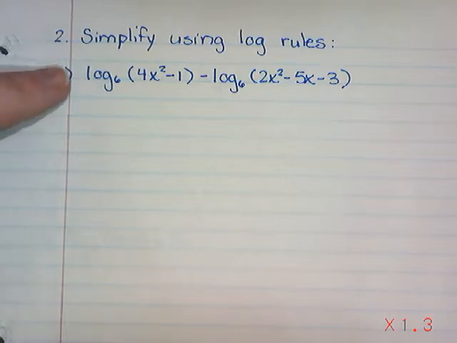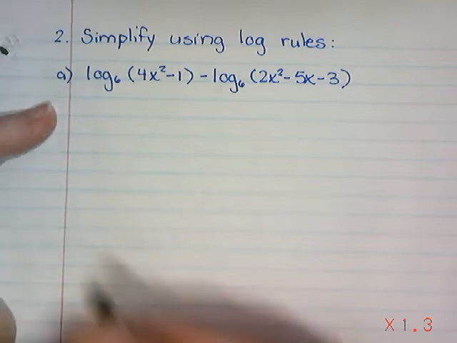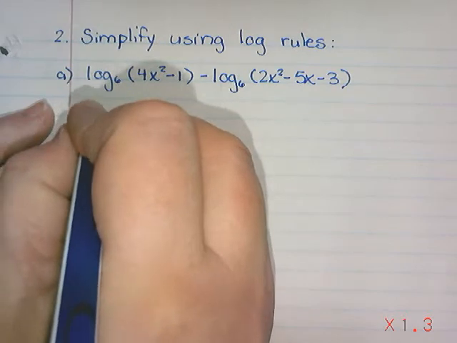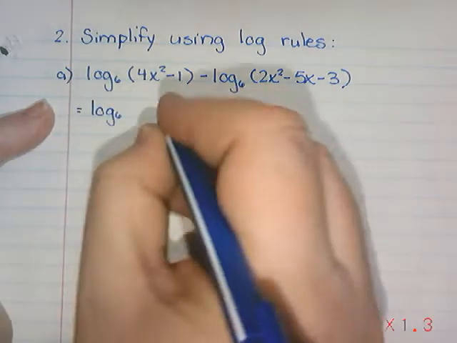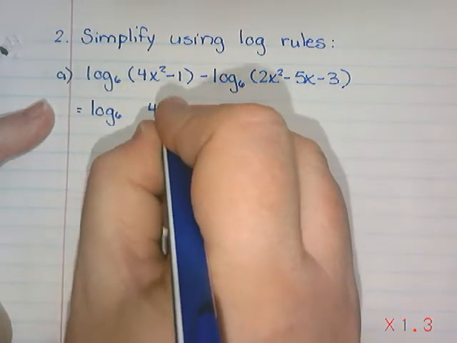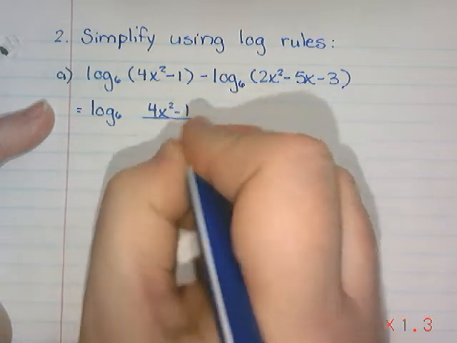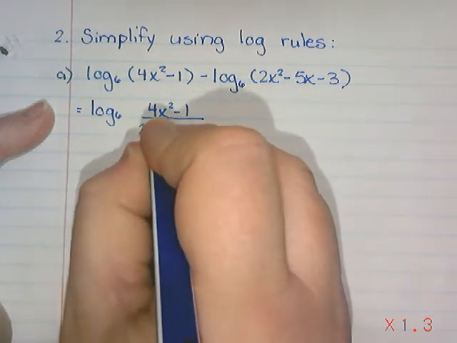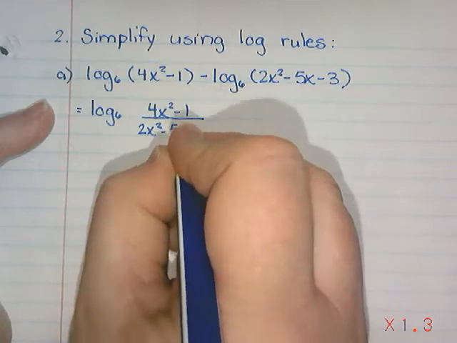So this would equal log base 6 of 4x squared minus 1 divided by 2x squared minus 5x minus 3.